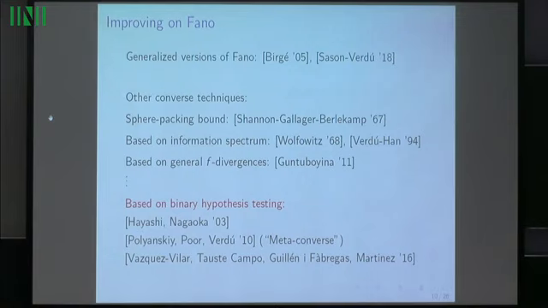Okay, so Hayashi and Nagaoka were the first, I understand, to connect formally the channel coding problem, which is a multiple hypothesis testing problem, with a binary hypothesis testing problem.